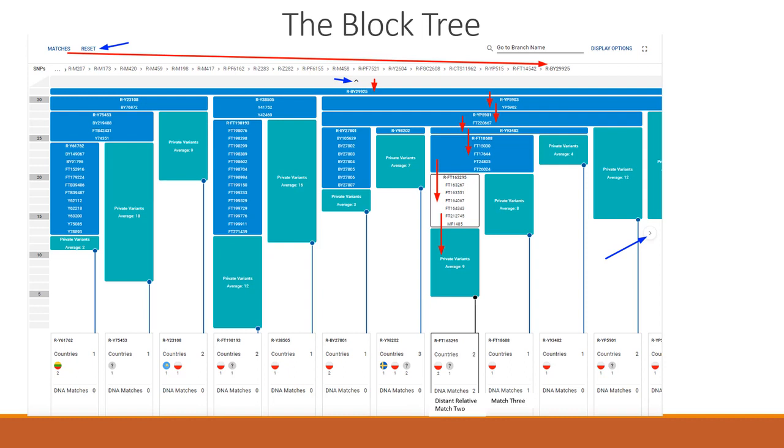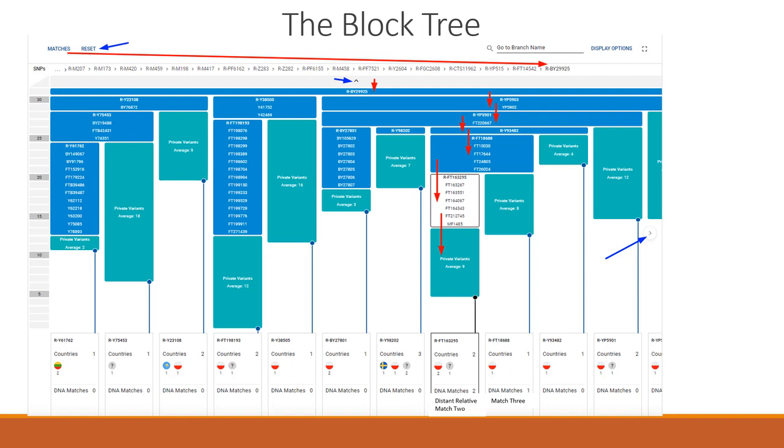But when my big Y comes back, I'll get put in R-FT163295, but then after give it a week or two for our phylogenetic expert to go through and check the results and make the updates, and then they'll find all of my dad's private variants that will be mutations that I have, and so we'll be able to name those as SNPs, add them to the haplotree, and we'll have a new branch under FT163295. And that's how we build the haplotree.